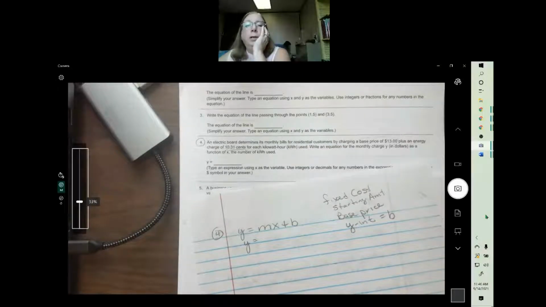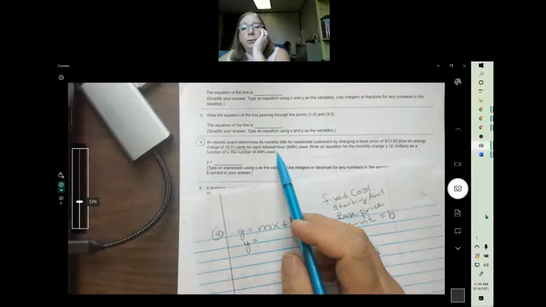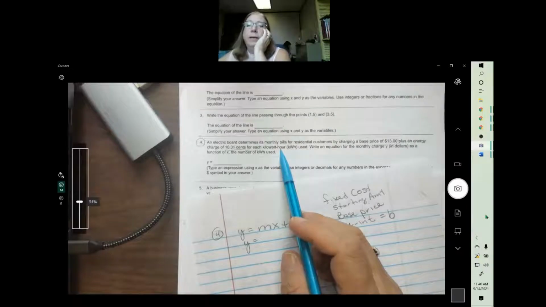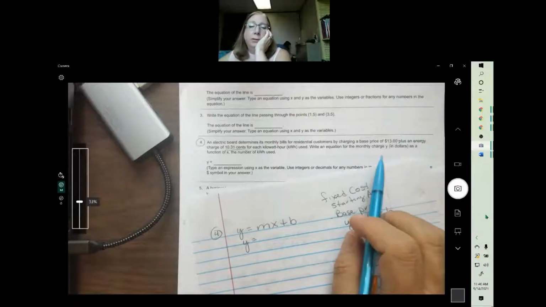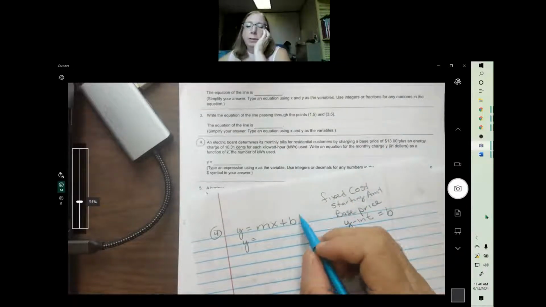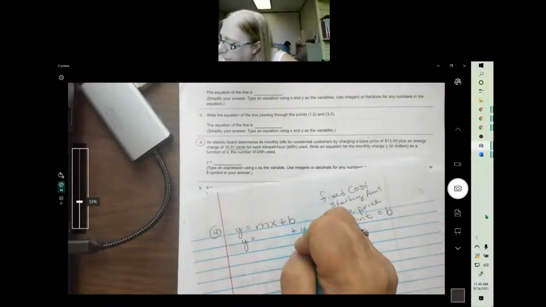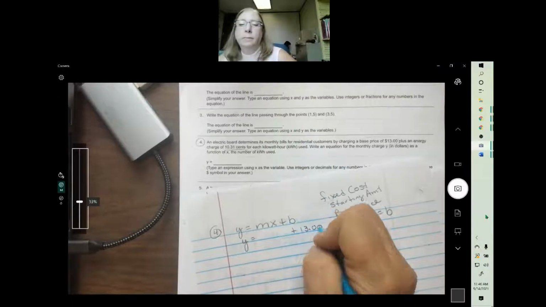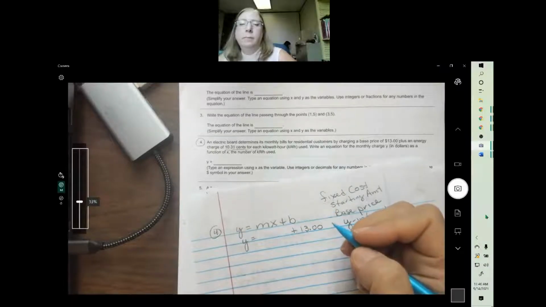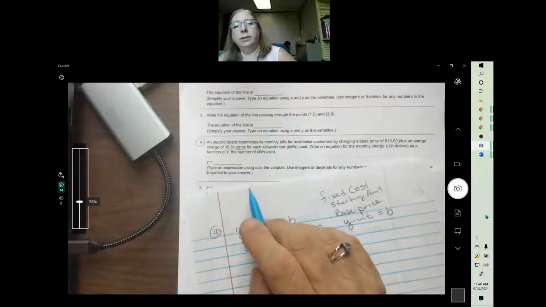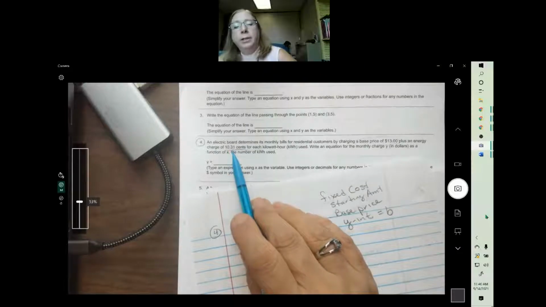No matter how many kilowatts you use, you are still going to have to pay, in this case, the $13. So that's the fixed cost. This is a rate. A rate of change is your slope.